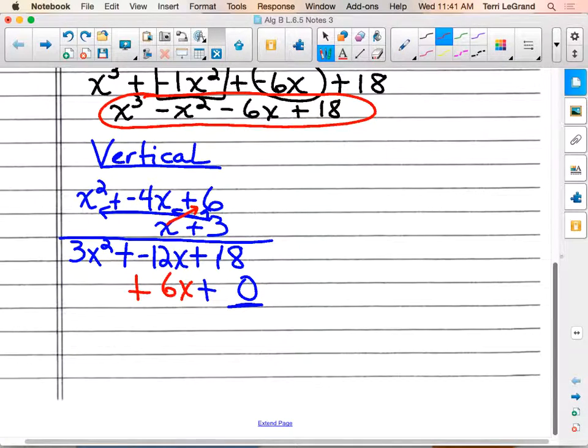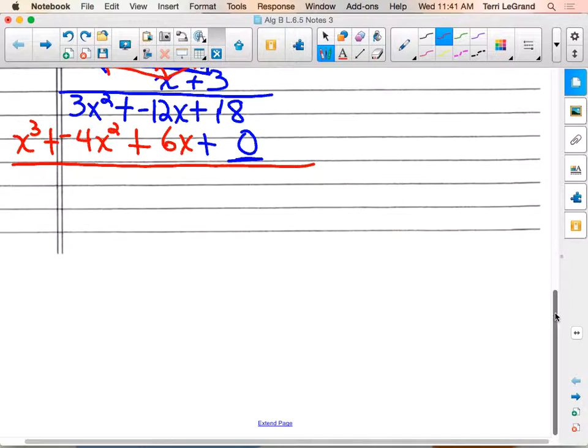Bring down the plus sign. Then the x times the negative 4x is negative 4x squared. There's still another plus sign to bring down. Now x times x squared is x to the 3rd power. So notice they're still lined up in columns of like terms. Try to keep them lined up in columns of like terms.